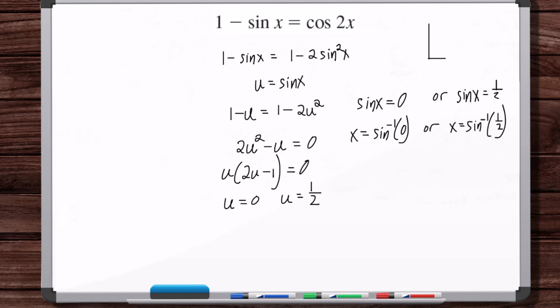If we think about the 30, 60, 90 triangle, sine of 30 is 1/2. This is positive, so 30 degrees. Sine is positive in quadrant 2 as well, so 150 degrees. That's the same reference angle. Now sine of 0 degrees is 0, and sine of 180 degrees is 0.